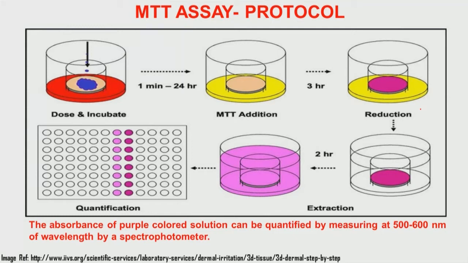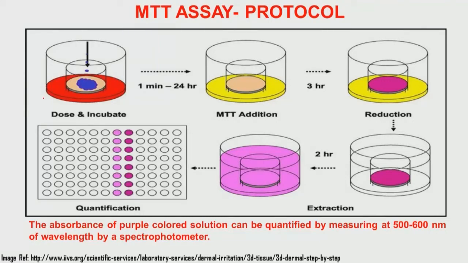What people normally do is take some particle eluates, or you can use the bulk samples. This typically shows a culture plate well; you can use 8 well plates, or you can use 96 well plates and so on. First you have to add this yellow MTT reagent to the cell suspension containing the particles or these bulk materials.